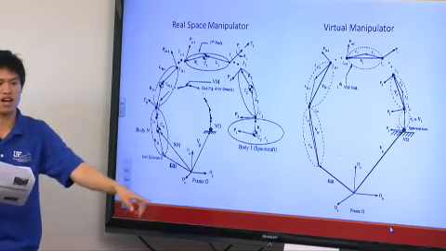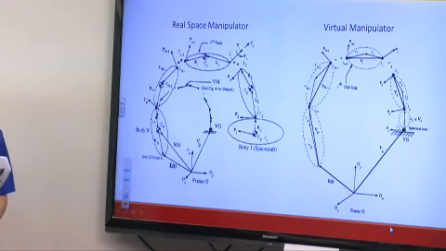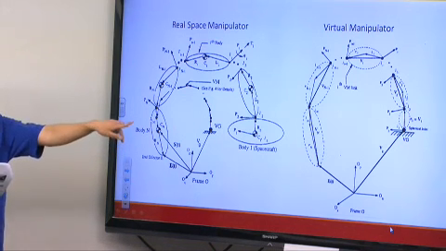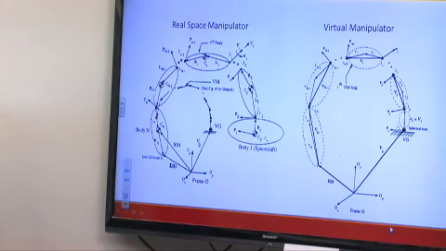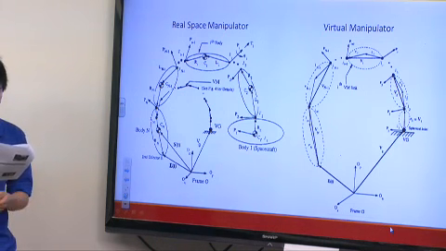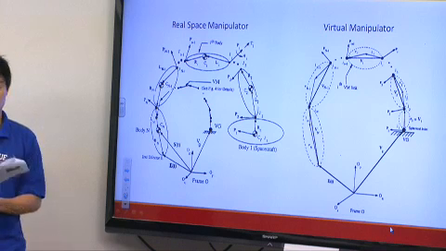And what we'll see is that it is much easier to write the equations of motion for the virtual manipulator than for the real system. I said that the virtual manipulator is composed of idealized kinematic chains with massless links, so they're rigid bodies.